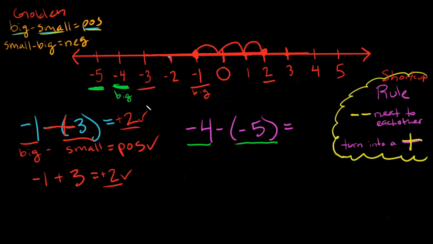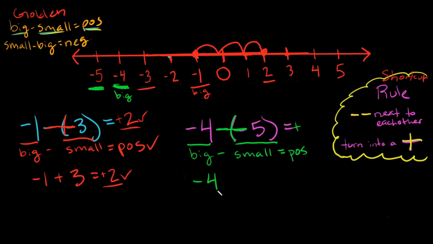This one is negative 4 because it's further to the right. So we got a big minus small. According to the rule, big minus small is equal to positive. So our answer should be a positive something. So now using our shortcut rule, when we got a minus and a minus, just turn it into a big plus sign, right?